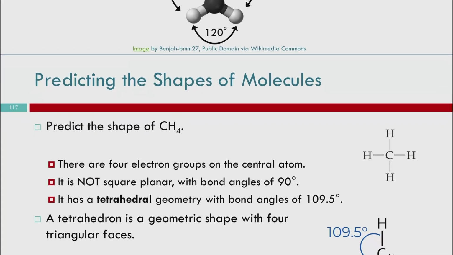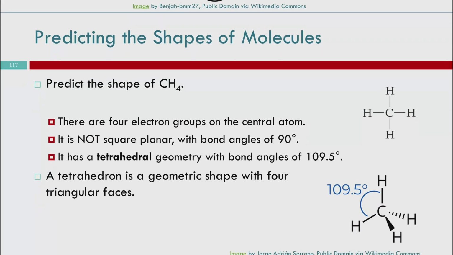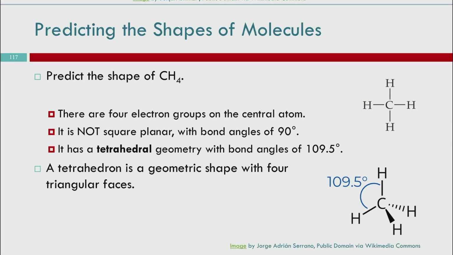Our 3rd shape, we'll use methane as our example, so CH4. We have 4 groups on our central atom. And you might be thinking to yourself, well, 4 groups will just spread out in the plane, but these exist in 3 dimensions.